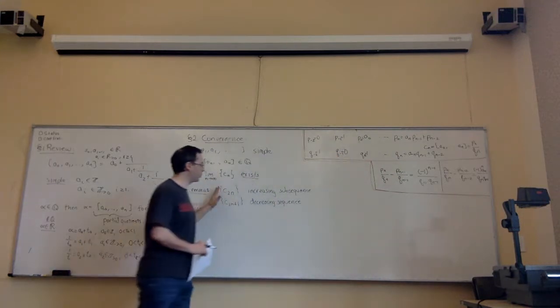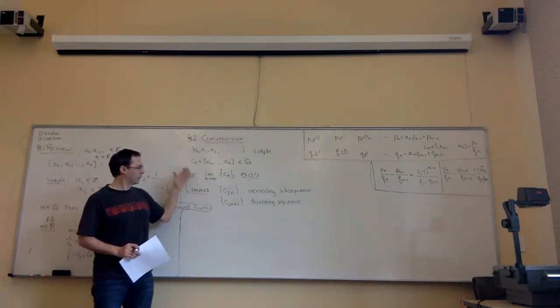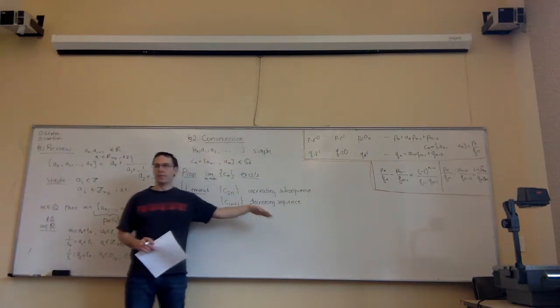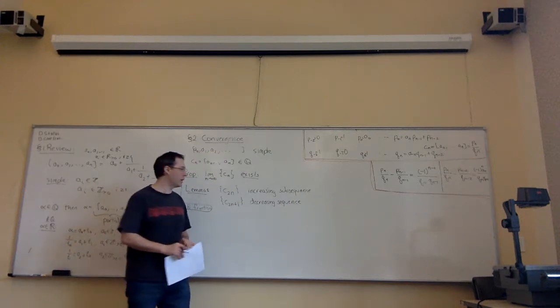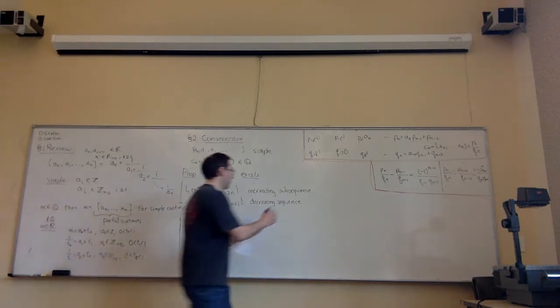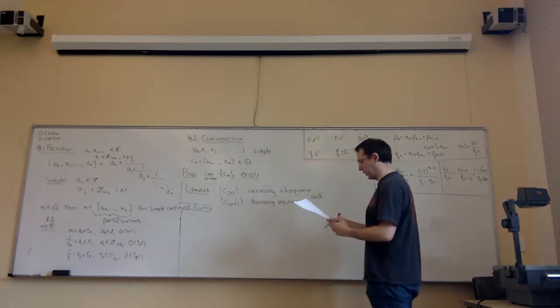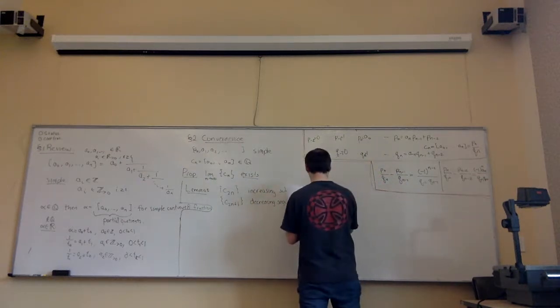So once we do this, it won't quite give us that the limit exists, because you might have that these all increase to something and these all decrease to something, but they're different things. So there's one other thing that we need that will not only tell us that these converge, but that they converge to the same thing. And it's actually the trickiest part to prove.